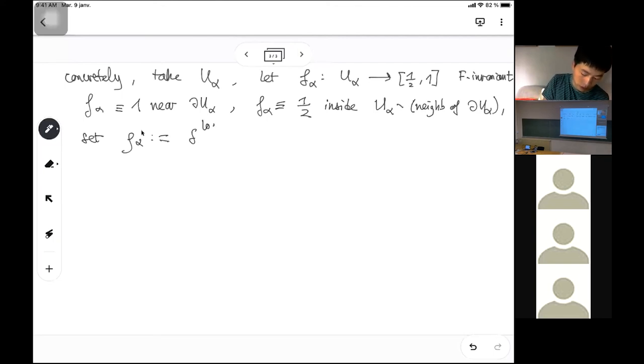That's a little bit arbitrary choice, but what's important is that rho is going to be delta inside U alpha, and very close to the boundary of U alpha, rho is going to be 1.